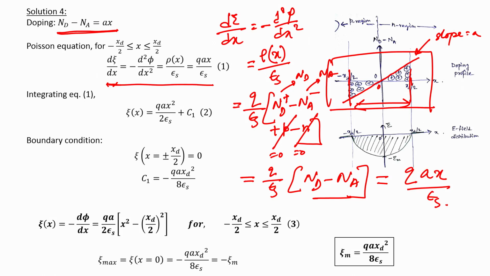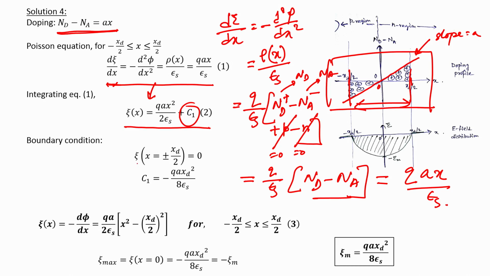So basically now we have to solve this Poisson's equation. First integrate this one time, so you will get the electric field expression. This is a straightforward integration. This electric field comes out as a quadratic function of x along with an integration constant. Now this integration constant can be found from the boundary condition.